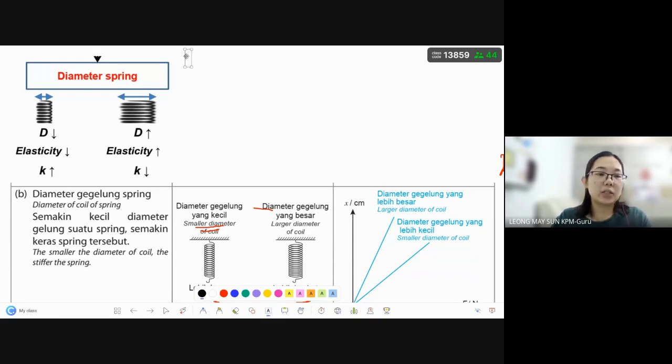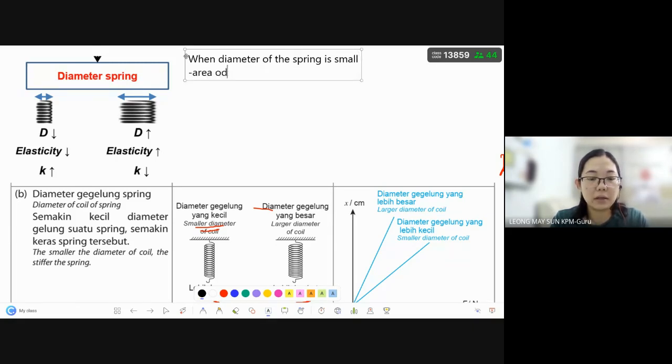Okay, this actually means that when the diameter of the spring is small, what does that mean? It means that the area of the spring is small, the radius of the spring is small. So this is actually what it meant.